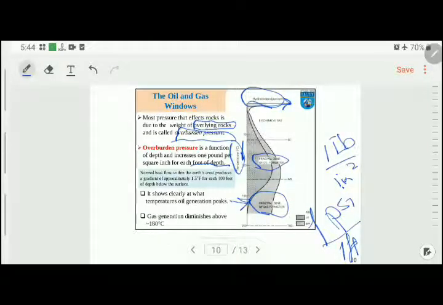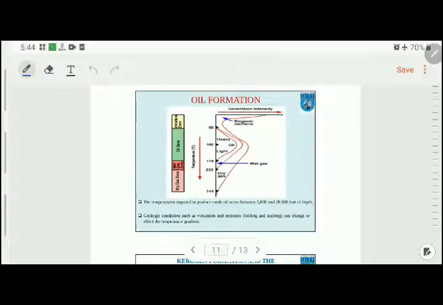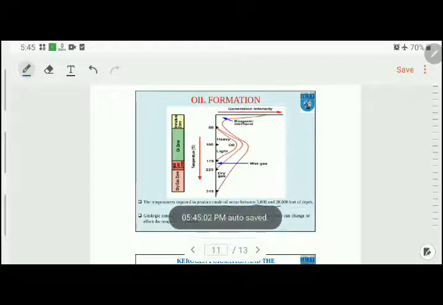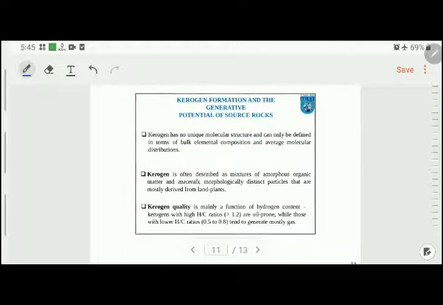Oil generation diminishes above 180 degrees Celsius. The temperature required to produce crude oil occurs between 5,000 and 20,000 feet of depth. Notice that the deeper the layer, the higher the temperature, and liquids are generated and then converted to the gaseous state.